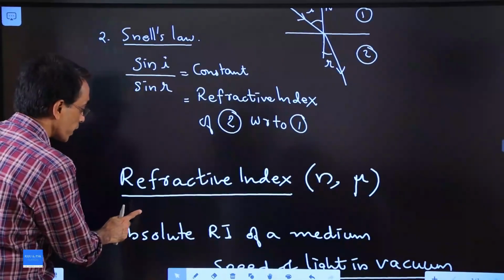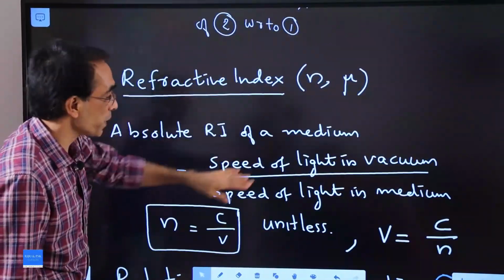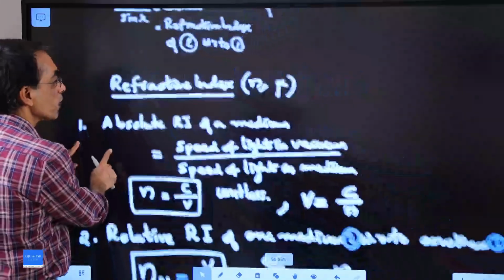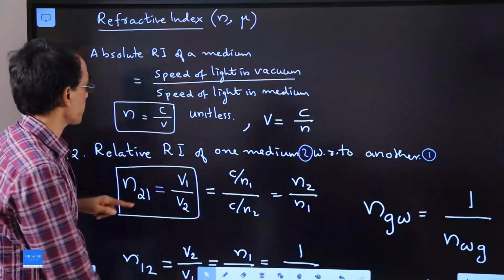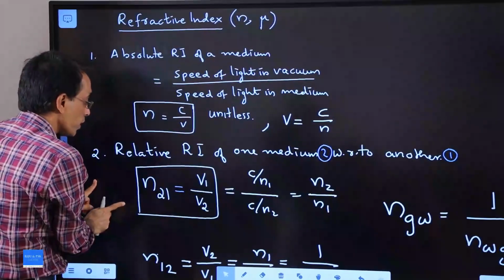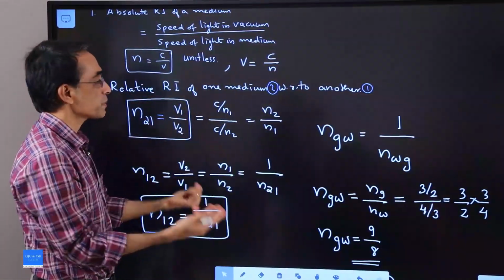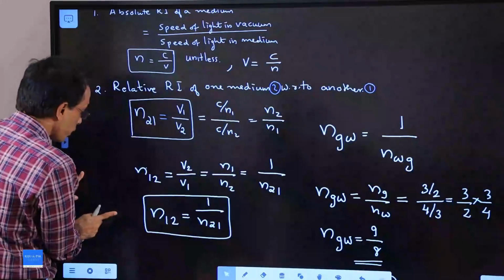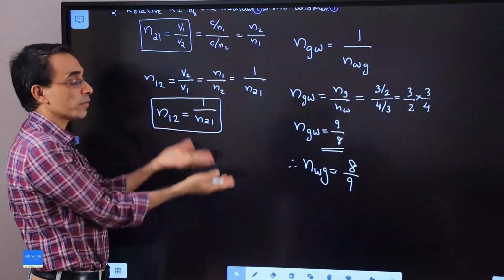Refractive index is the ratio of speeds. If you want absolute refractive index, you take the speed of light in vacuum by the speed of light in the medium. If you want relative refractive index, you take the speed of light in one medium and the speed of light in the other medium. And one important relation that we saw is that N12 is the reciprocal of N21.